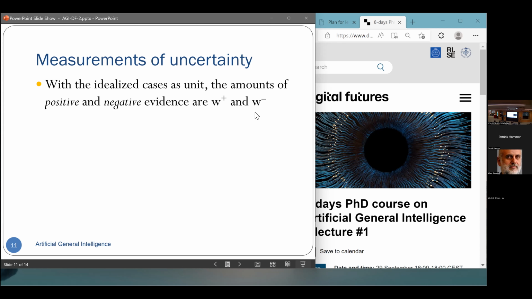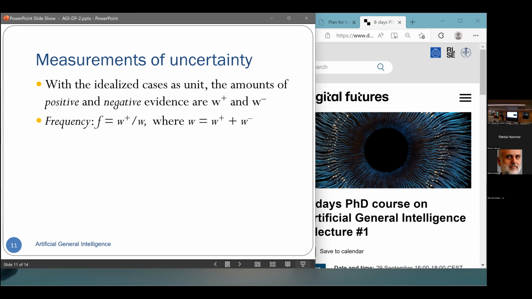In this system, it's called the amount of positive and negative evidence, respectively. And we use W plus and W minus to indicate those numbers. It's like, I have a hypothesis, I test it 10 times, and 6 times it works, 4 times it fails, something like that. Everyone is familiar with that.